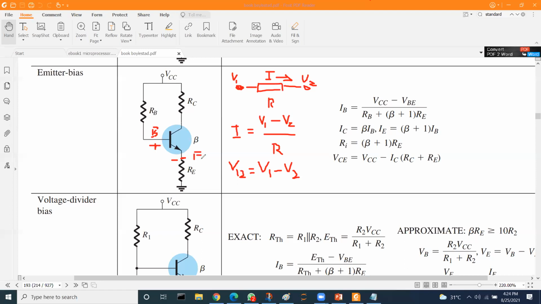So in this case, if I apply the formula, VBE is equal to VB minus VE.